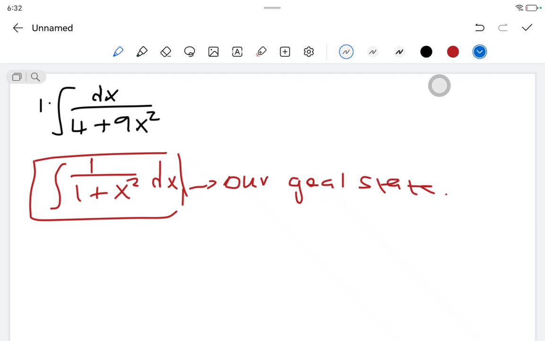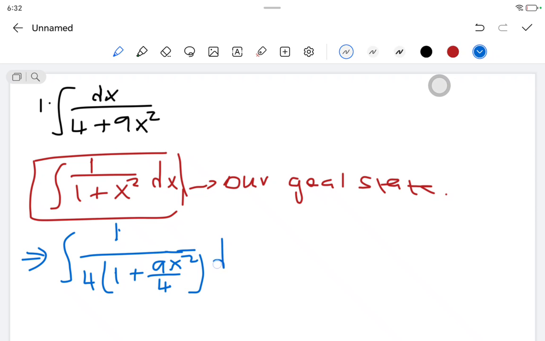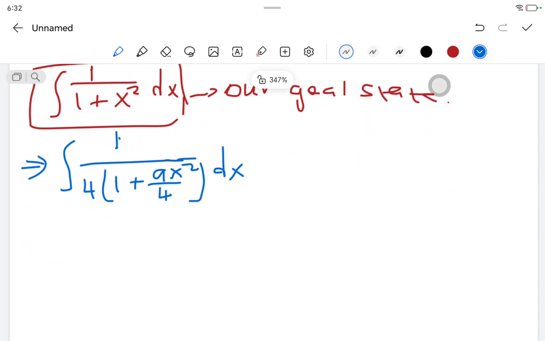So, since we want to put this in this format, we already know that this 4 must go. So we're going to factor out a 4 on both sides. We drop that dx. Then this will be equal to the integral, or let me take out this 1 over 4.